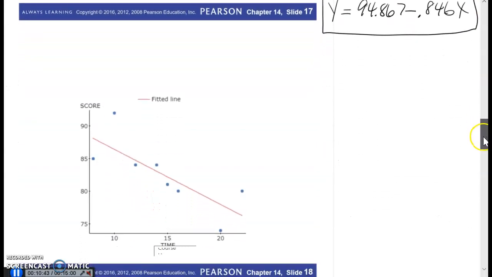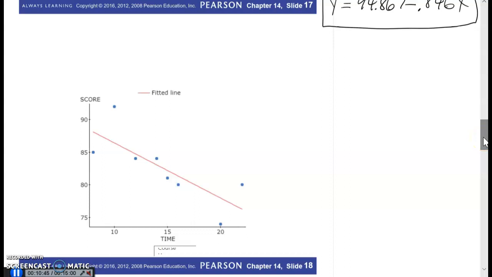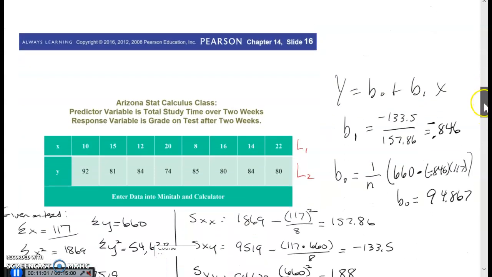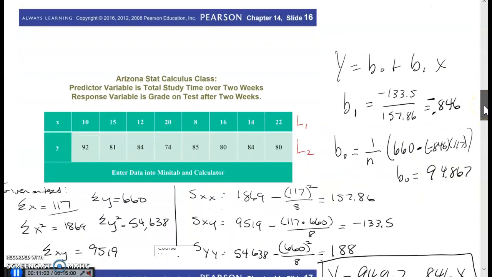So this is not really the best representation because clearly we should be going to 94.867 and this one is not quite going up there. But if you do any of these problems in StatCrunch, you do have the option of choosing your graph so you can see what the scattered points look like along with the regression line.